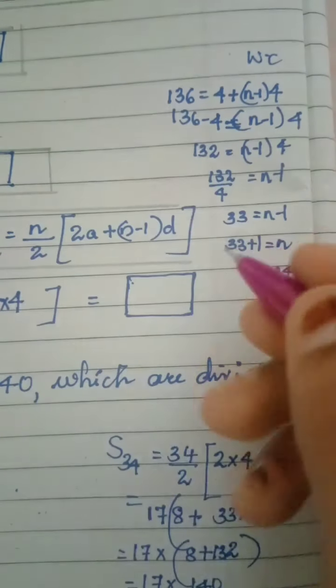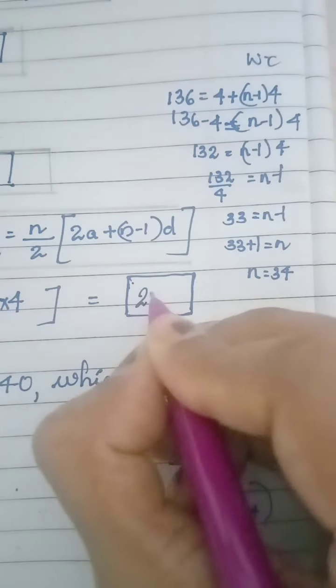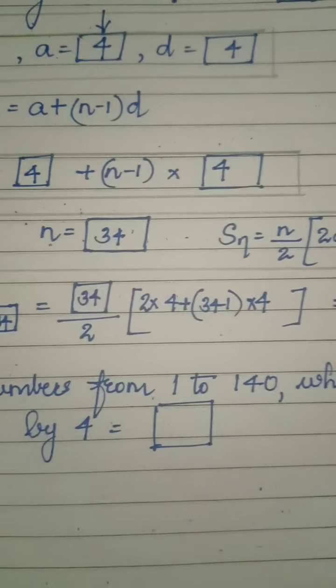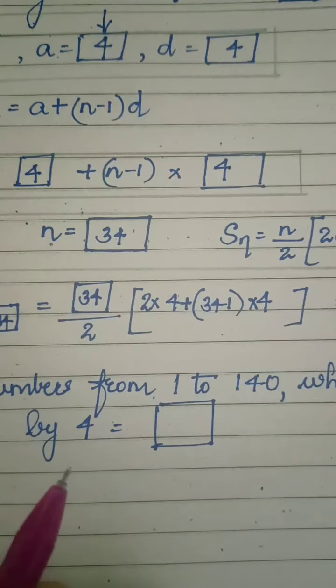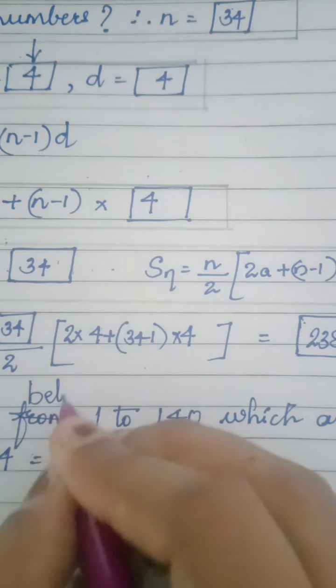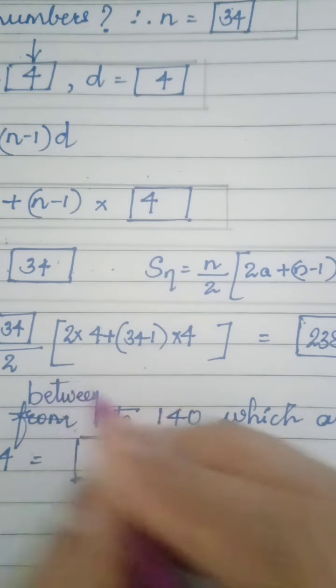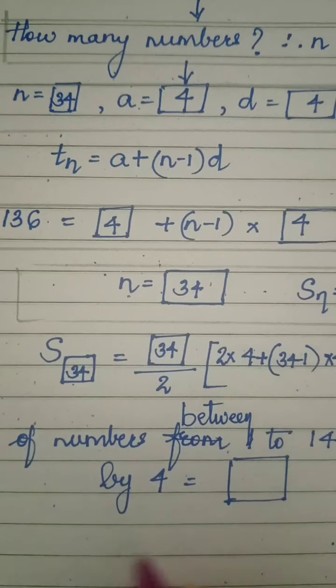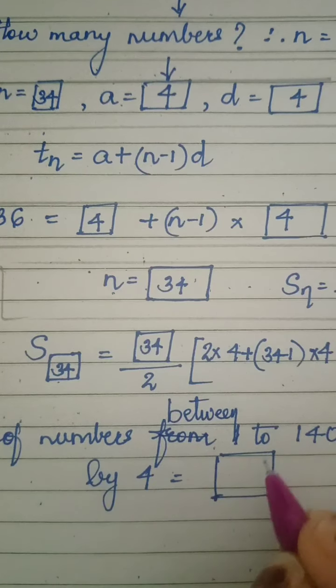So finally after working out, you are getting the answer as 2380. And finally, one more box is remaining here. Sum of numbers between 1 to 140 which are divisible by 4 is equal to, what is that sum?